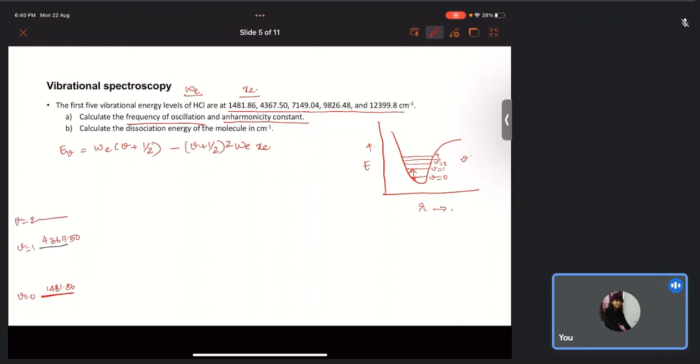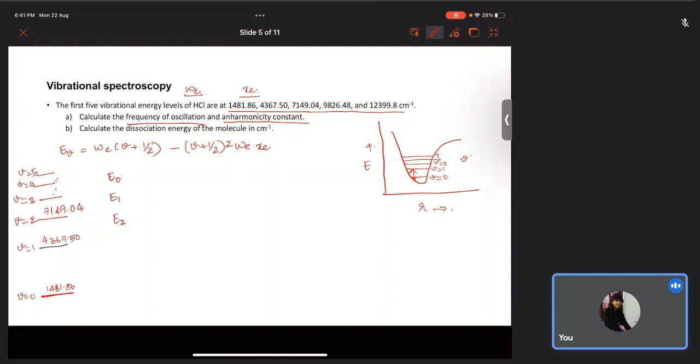This is V equal to 2, and so on. So you have V equal to 3, V equal to 4, V equal to 5. So we have been given the first 5 vibrational energy levels of HCl. Okay, so we have been asked to find what is omega E and Xc. So I am using E0, E1 and E2 to find it.